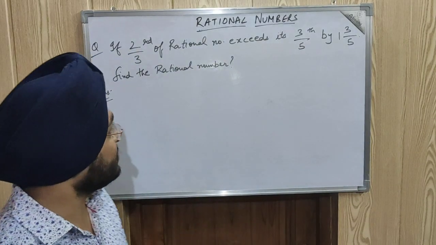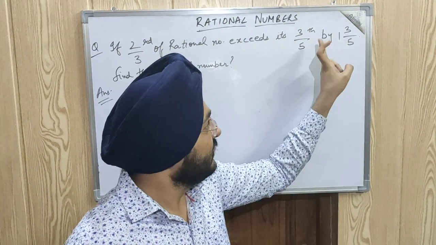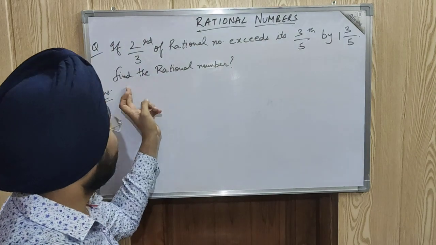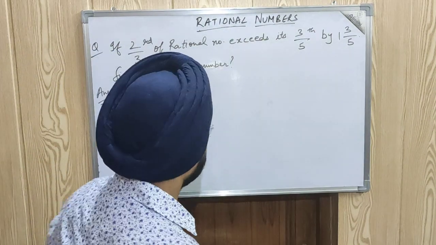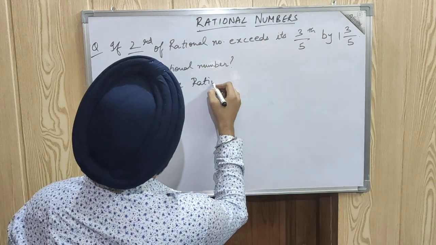Our next question is, if 2/3 of a rational number exceeds its 3/5 by 1/3 by 5, find the rational number. Firstly, I will suppose this rational number. Let the rational number be x.